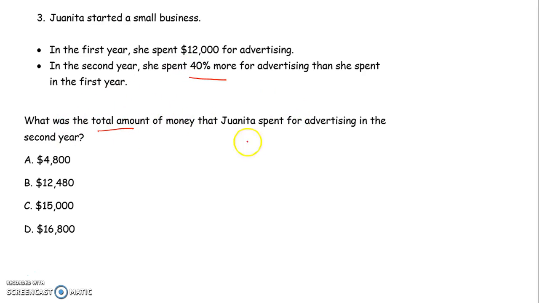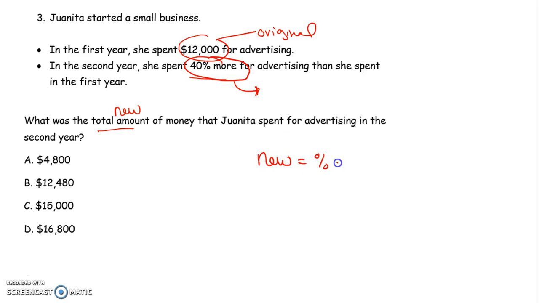Okay, so if the original, and now we need the new, and you know that second year she spent 40% more on advertising than that first year. Okay, so if we have new equals percent times original, we're looking for the new price.